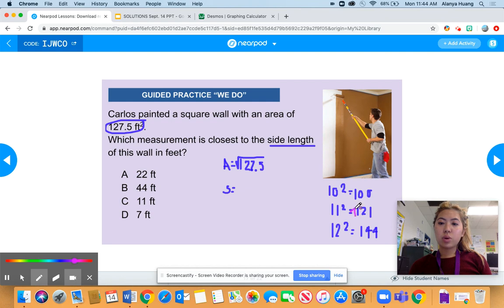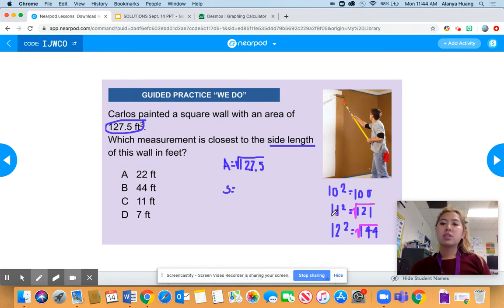So the square root of 127.5 is in between the square root of 121 and 144. So that means that the side length must be between 11 and 12. If we look at the answer choices, C is 11 feet. And if we were to find the square root of 127.5 on a calculator, we would get 11.29.